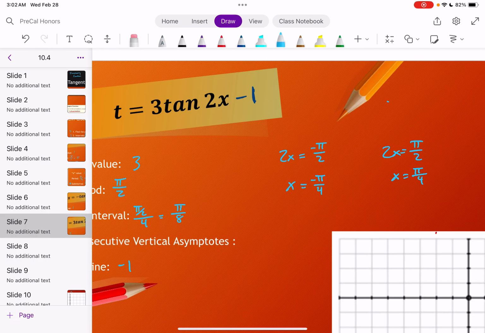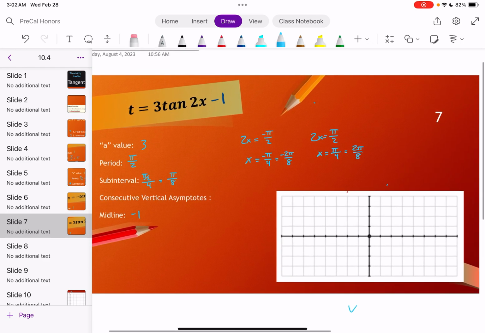Keep in mind, we have a denominator of 8 for the subinterval, so we're going to have to make sure that they are equal to each other. So in this case, we're going to go with negative 2 pi over 8 and 2 pi over 8.